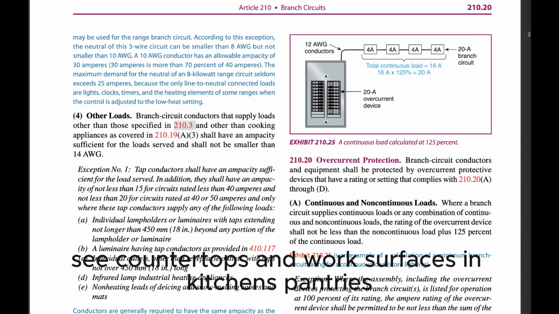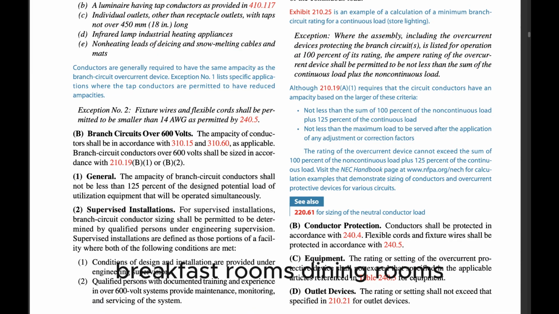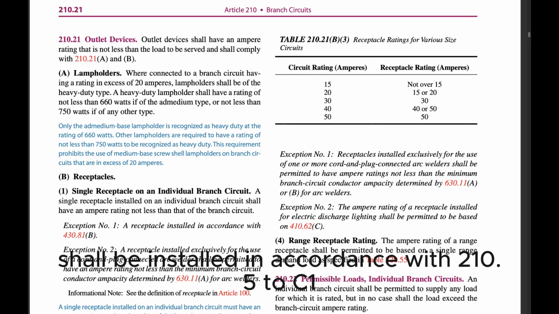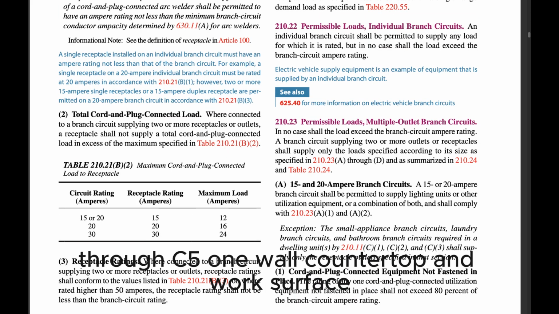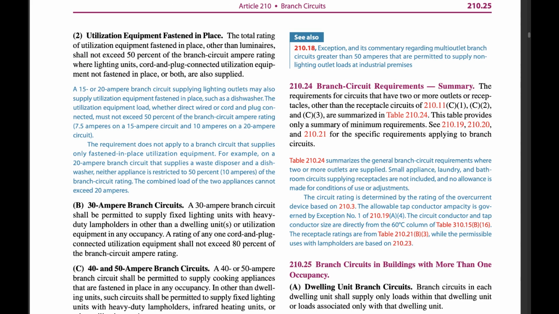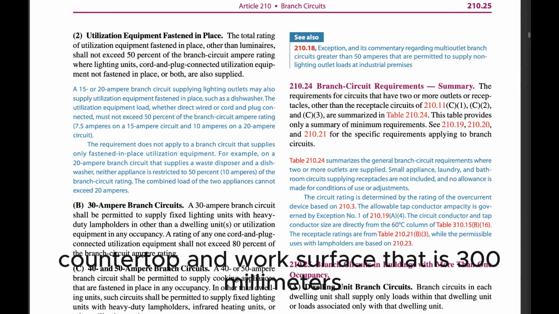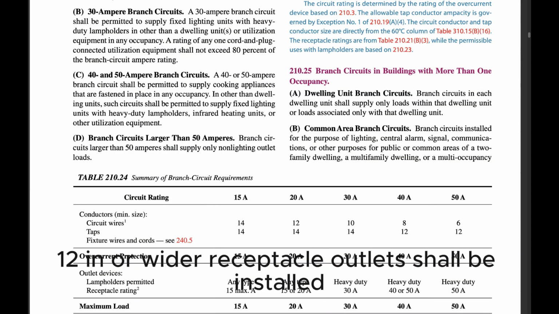Countertops and work surfaces. In kitchens, pantries, breakfast rooms, dining rooms, and similar areas of dwelling units, receptacle outlets for countertop and work surfaces shall be installed in accordance with 210.52(C)(1) through (5). 1. Wall countertop and work surface. A receptacle outlet shall be installed at each wall countertop and work surface that is 300 mm (12 in.) or wider.